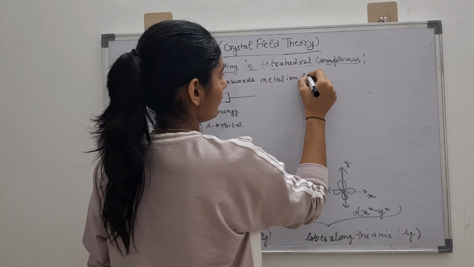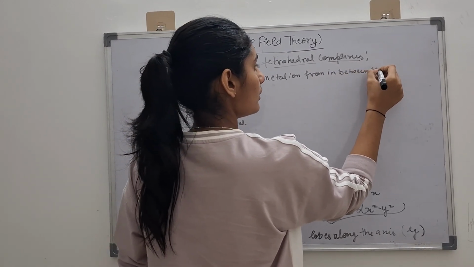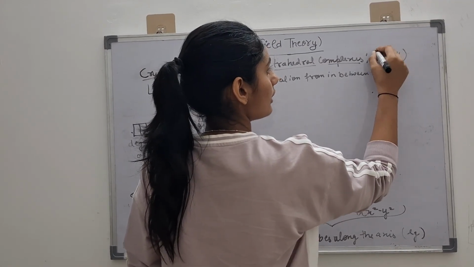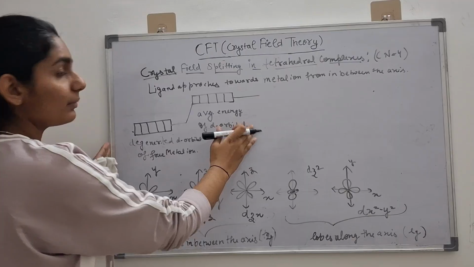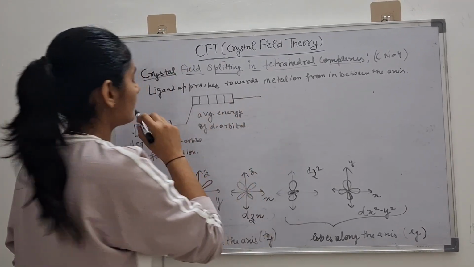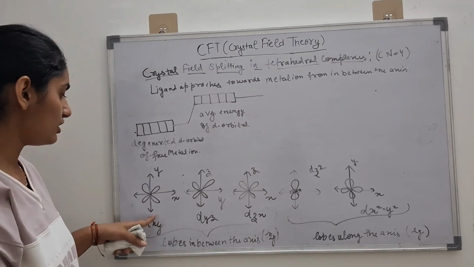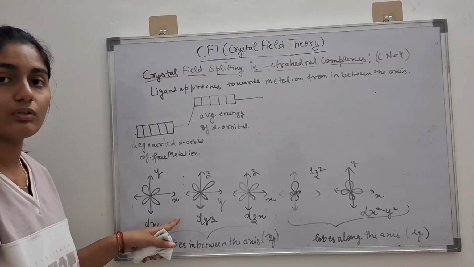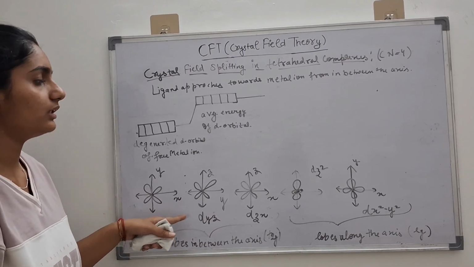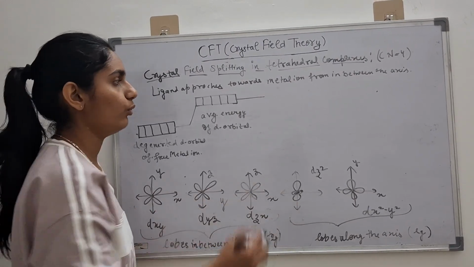So this will remain the same in tetrahedral as in octahedral, and as I explained, the ligand approaches the metal ion from in between the axes. So these T2 orbitals have their lobes in between the axes. So these will feel more repulsion than the E orbitals, and so they have more energy, and the E orbitals have lower energy.